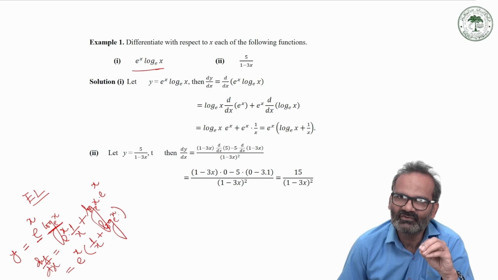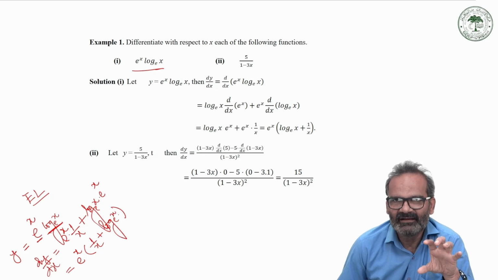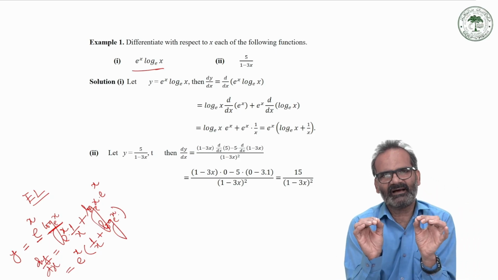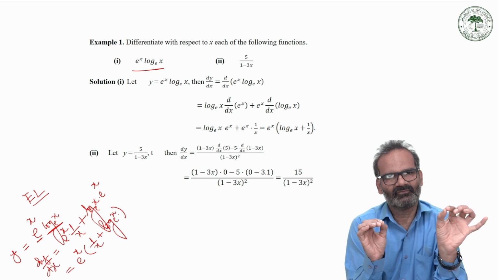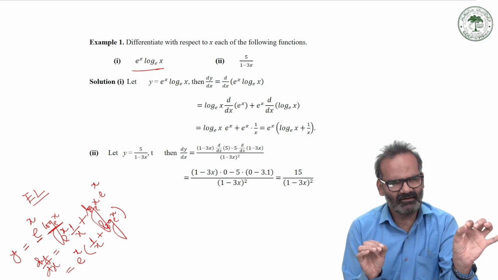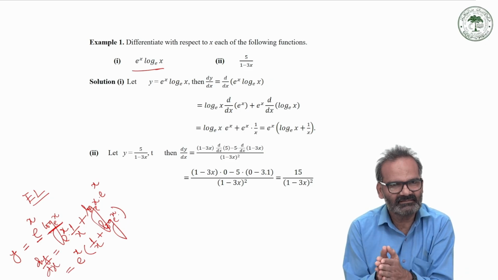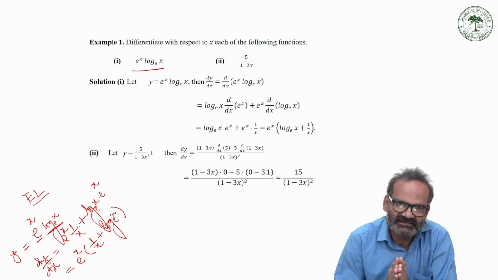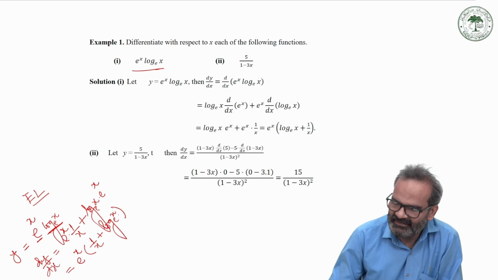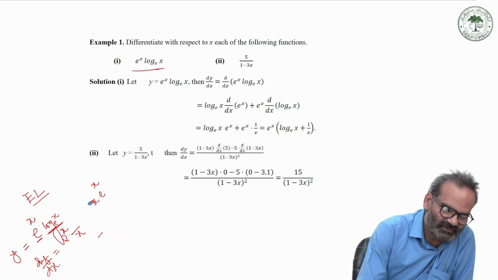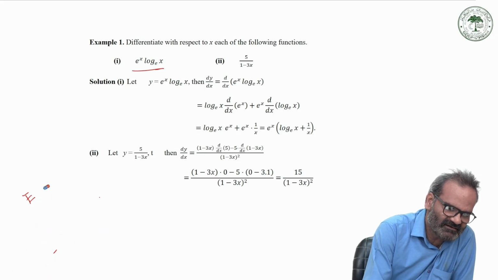In a very simple way, whenever two functions are multiplied, write down the first function as it is into the derivative of the second function, plus the second function as it is into the derivative of the first function.